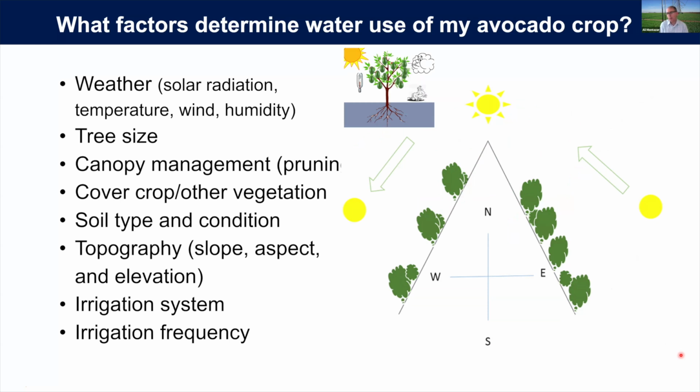Most of the time, we have a higher evapotranspiration on the south-facing and west-facing slopes than north and east-facing slopes. Which irrigation system we use and how frequently we irrigate also have some impacts on crop water use and evapotranspiration.